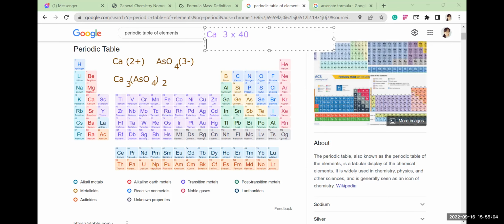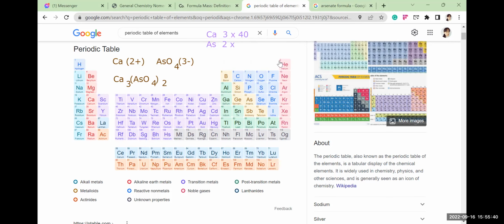And then arsenic. Let's go to arsenic. How many arsenic ions do you have? 2. Very good. So 2 times, what is the atomic mass unit of arsenic? 75. Where's arsenic? Here. Very good.